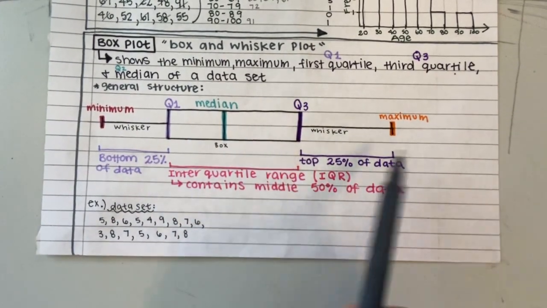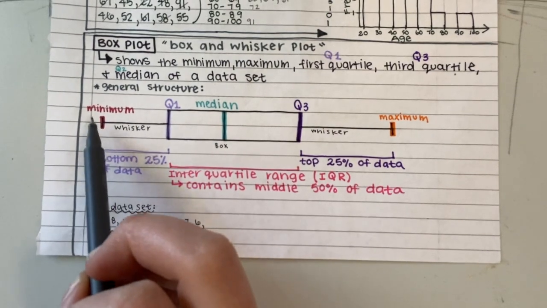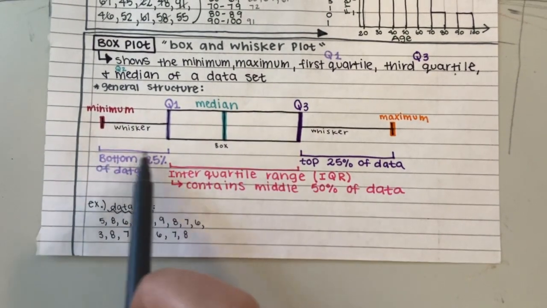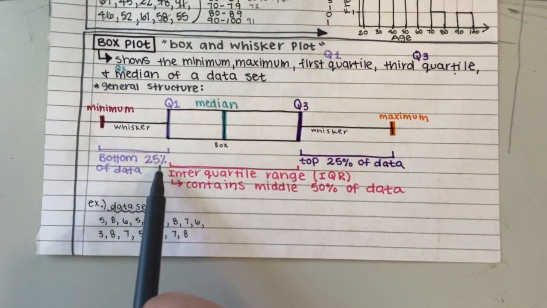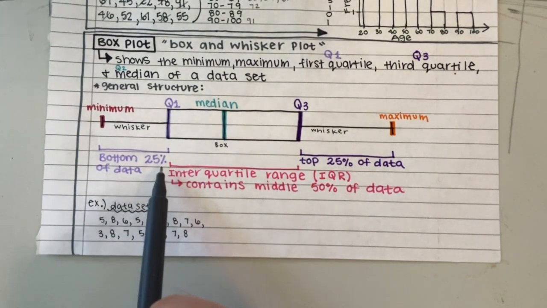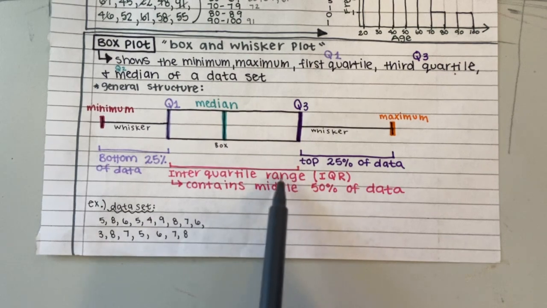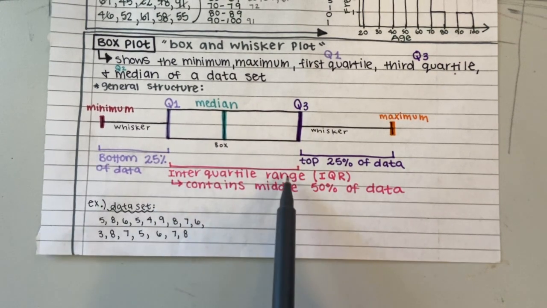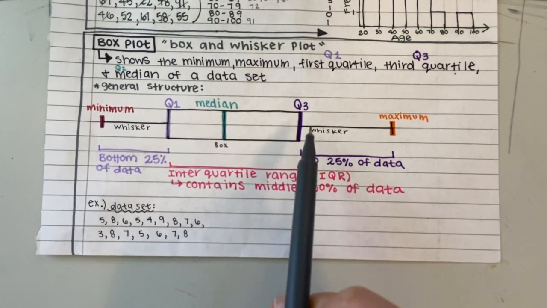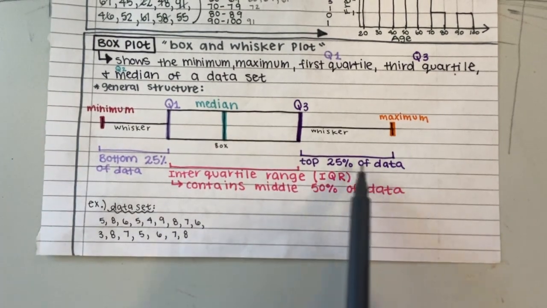So this is our general structure. We've got our minimum data value. In this range, we've got that bottom 25%, which we talked about when we were talking about the vocab. The interquartile range, which is kind of our middle 50% of data, and then that top 25% of data.